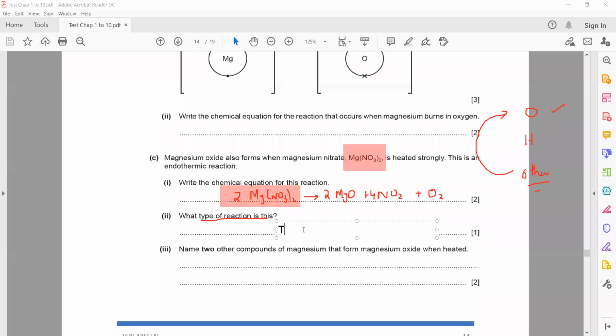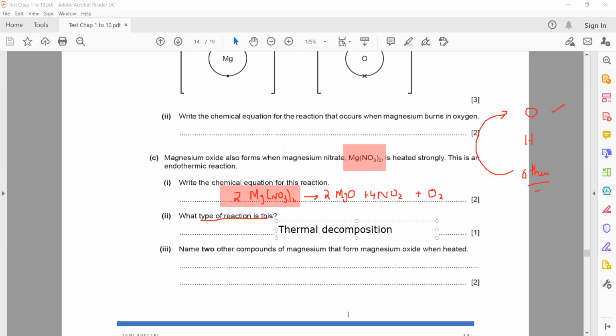Thermal decompositions are always endothermic reactions because by supplying heat energy, you break down the substance. So if any reaction is thermal decomposition, it is always endothermic.